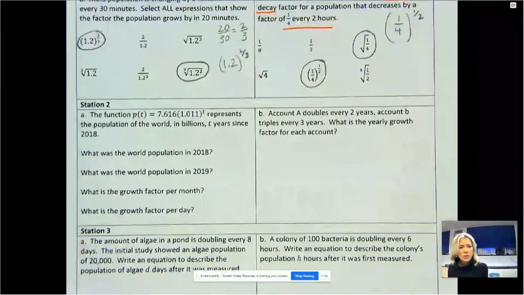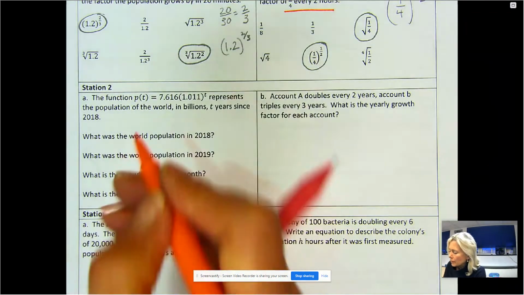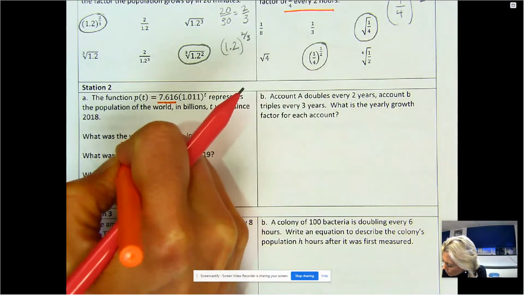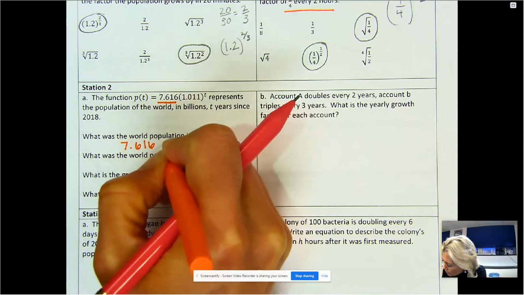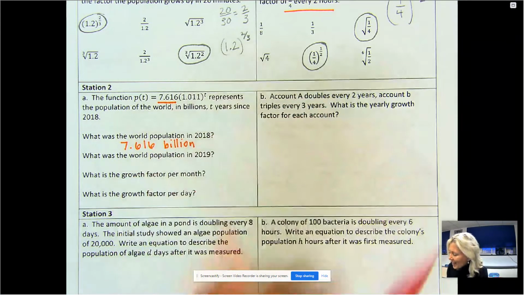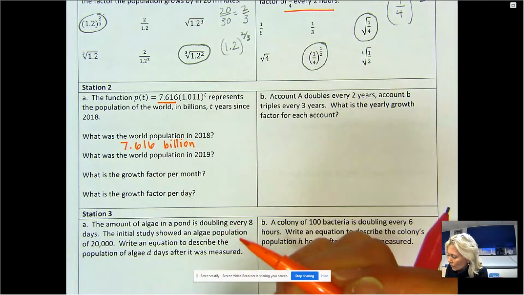Okay, station 2, we have a function representing the population of the world in billions, T years since 2018. What was the world population in 2018? So that's going to be the initial amount right here. 7.616 billion. I almost said trillion. And then in 2019, that would just be 1 year later.